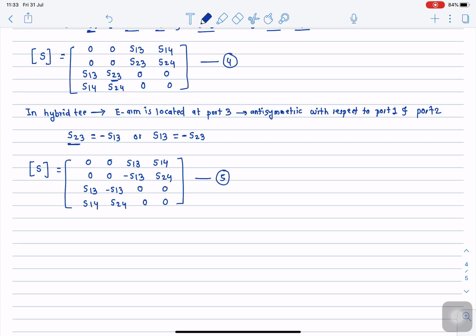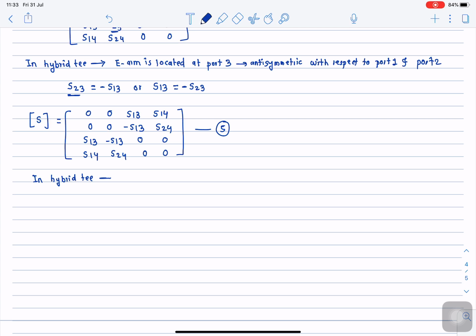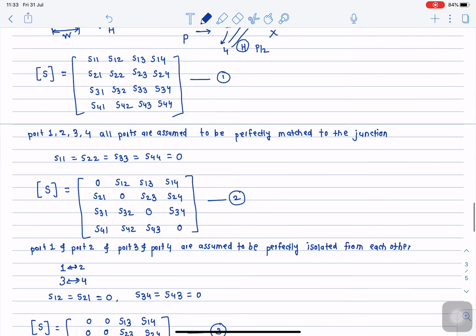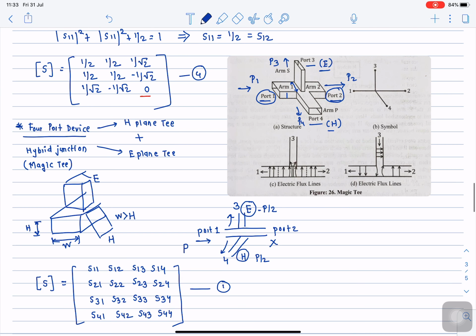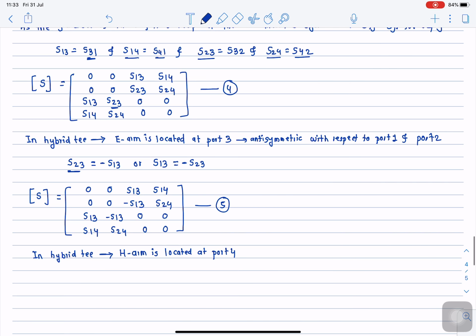Now the next property we will apply is for the H-plane T. Here again, in the hybrid T, the H arm is located at port number 4. If you recall this diagram of the magic T, along port number 4 the H arm is located, so it will follow the property of symmetry.